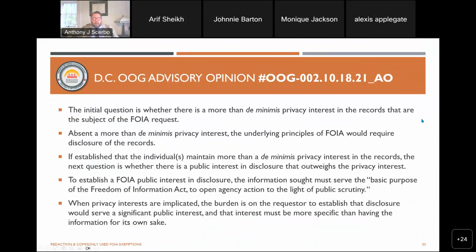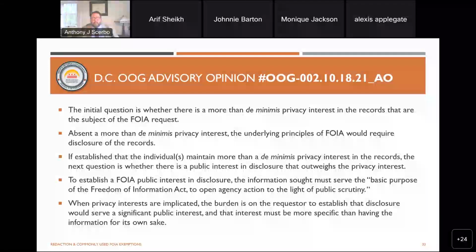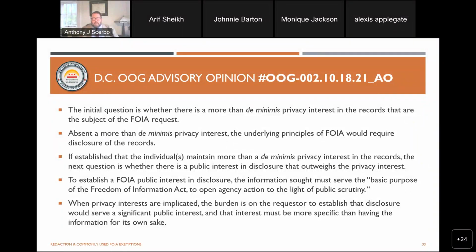The Office of Open Government, our office, issued an advisory opinion, OG 002.10.18.21. This case was a request for public university records of faculty members. The initial question was whether there was more than a de minimis privacy interest in the records subject of the FOIA request.